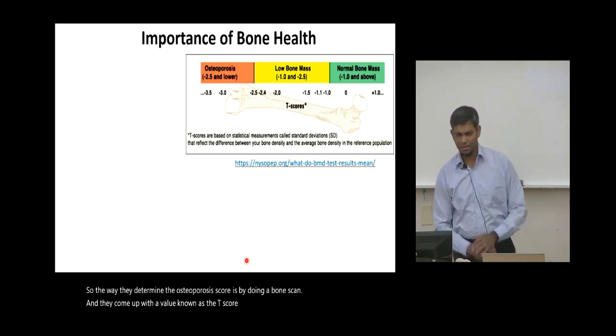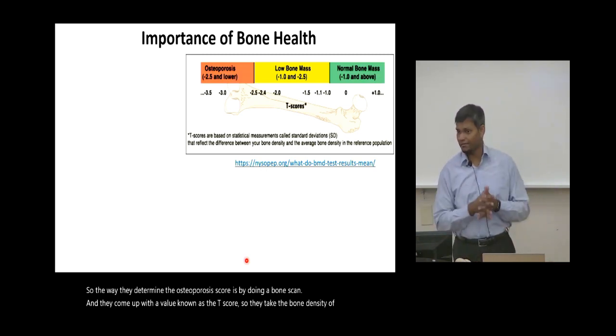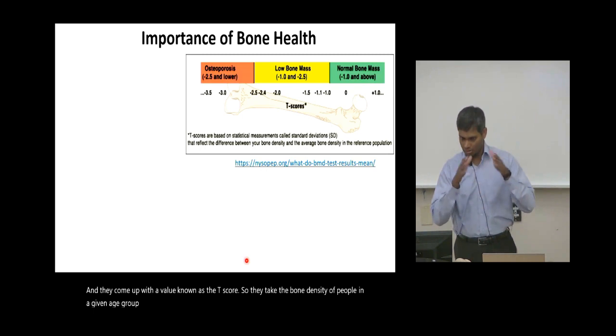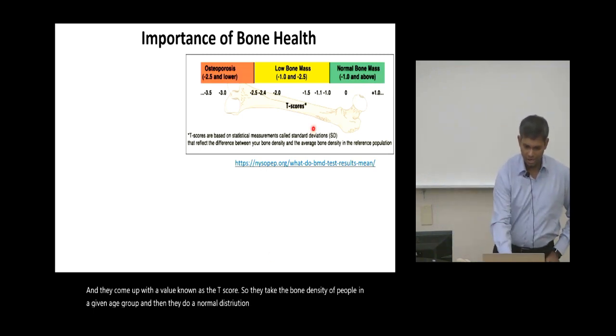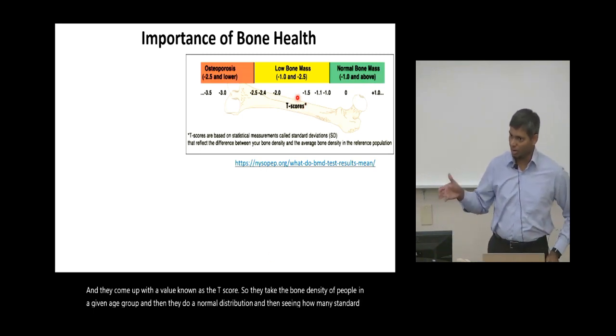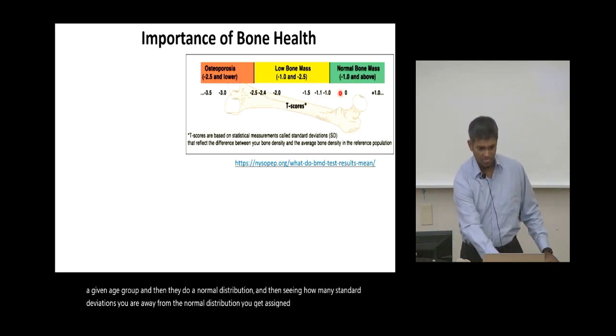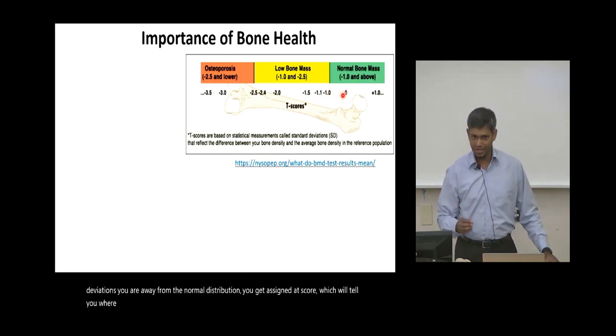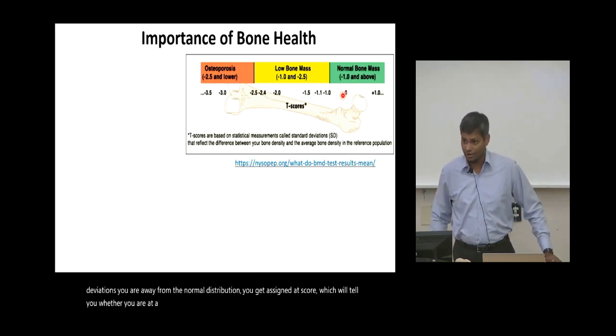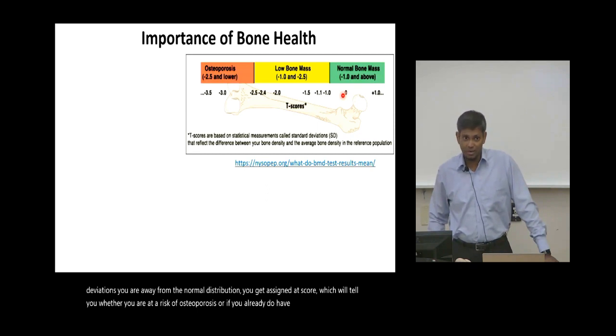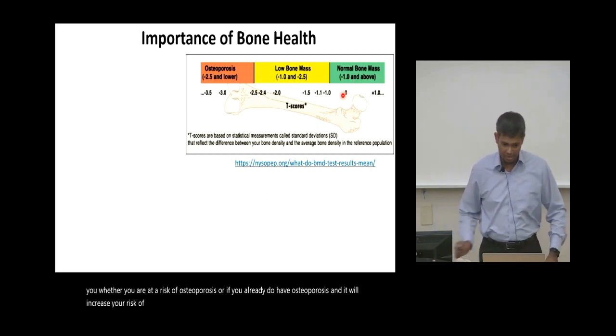They take the bone density of people in a given age group and fit a normal distribution, and seeing how many standard deviations you are away from the normal, you get assigned a T-score, which tells you whether you are at risk of osteoporosis, or if you already have osteoporosis, and if it will increase your risk of bone fractures.